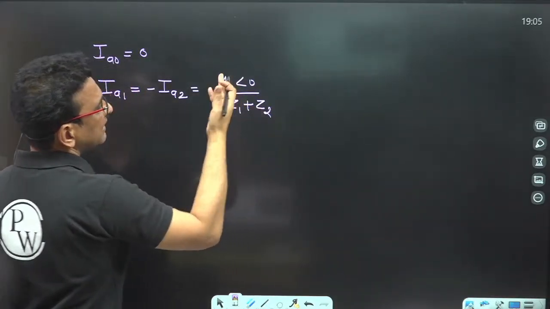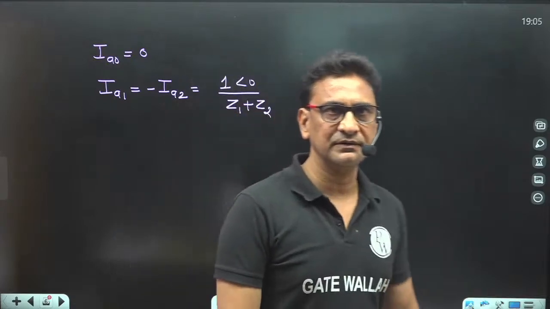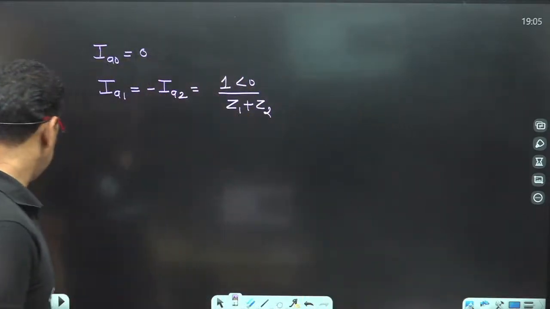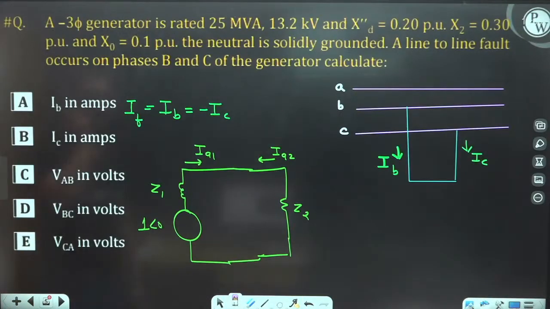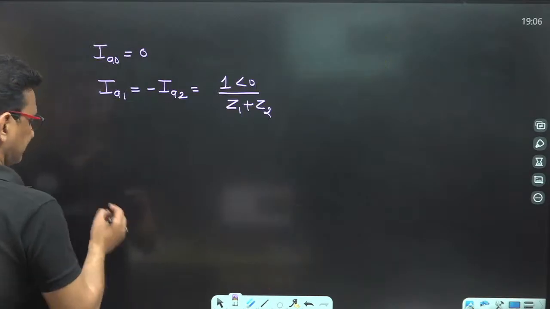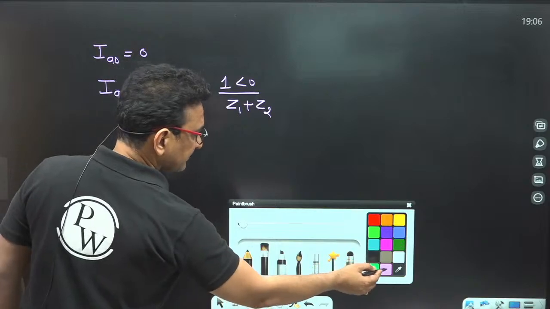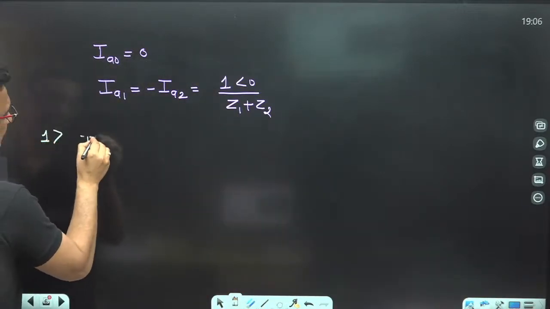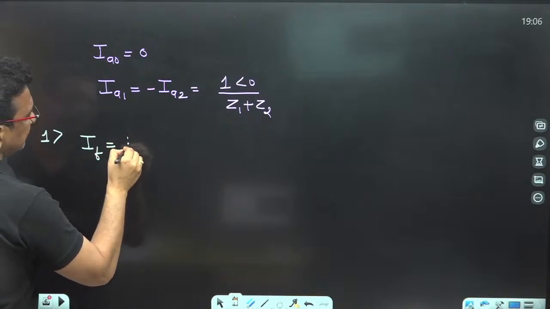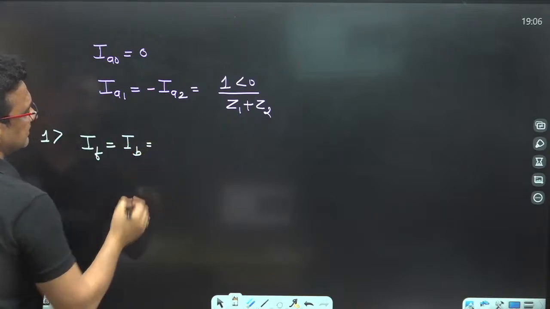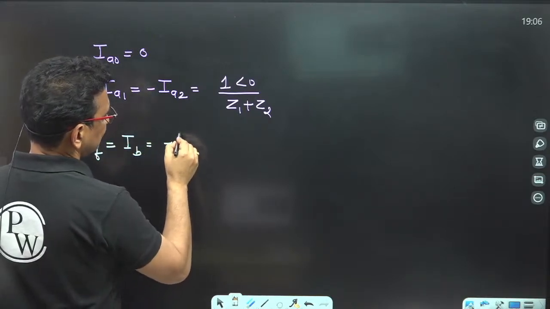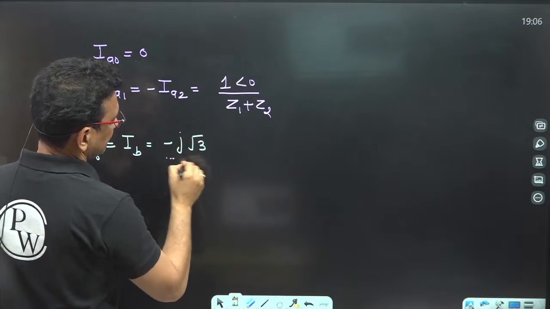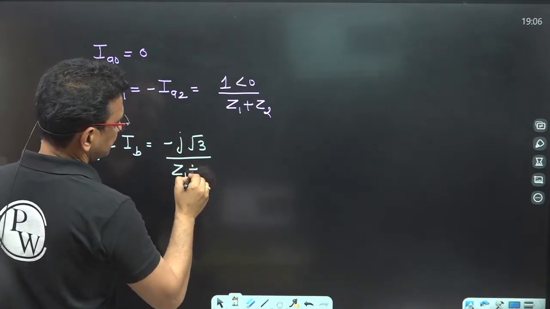And if I multiply it by root 3, you will get the value of the fault current. Now, initially we have to find out the value of IB and IC. As I told you, the fault current, that is equivalent to IB, is nothing but minus j root 3 divided by Z1 plus Z2.